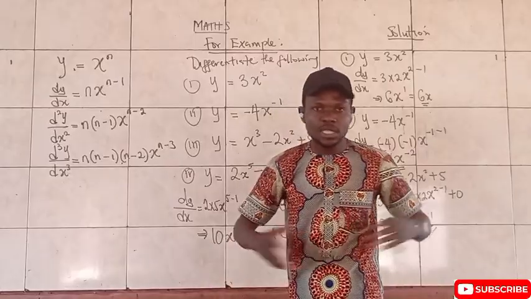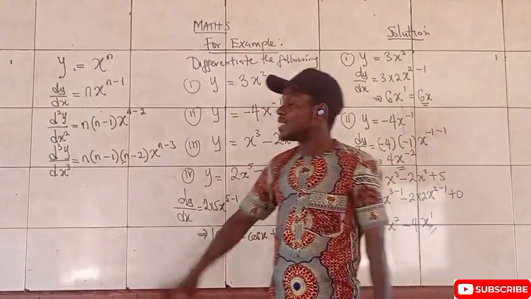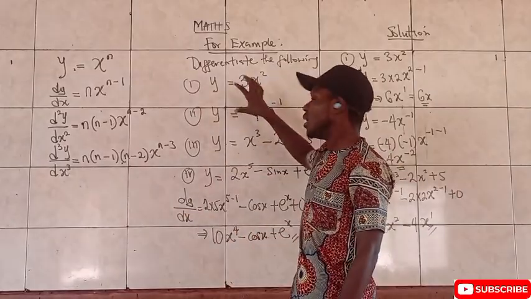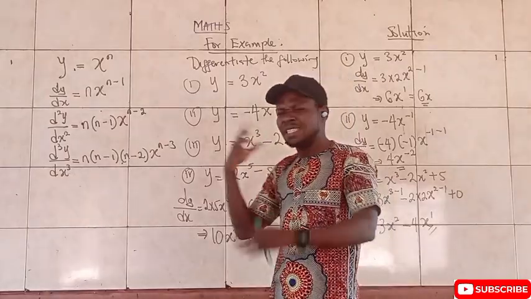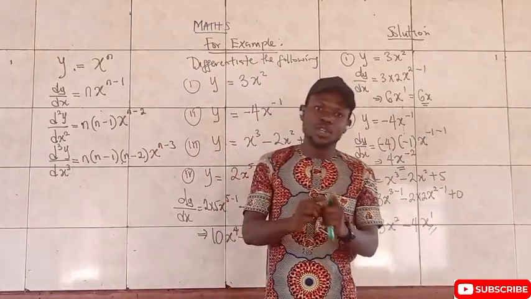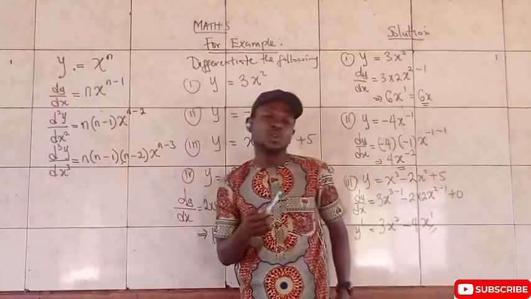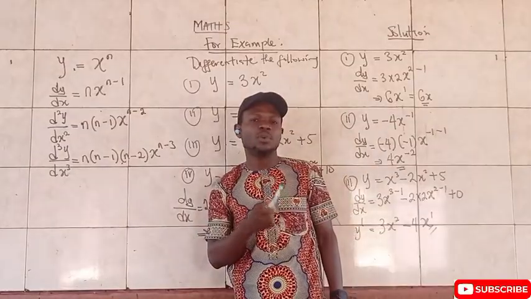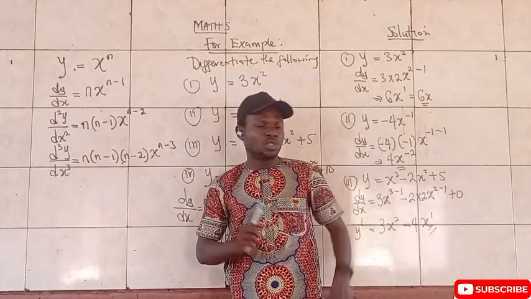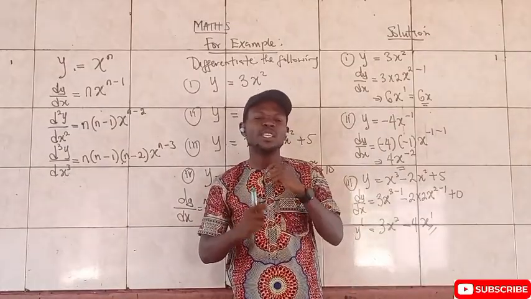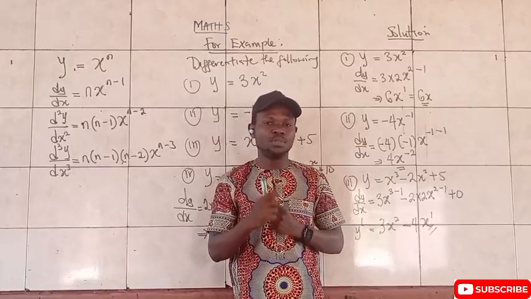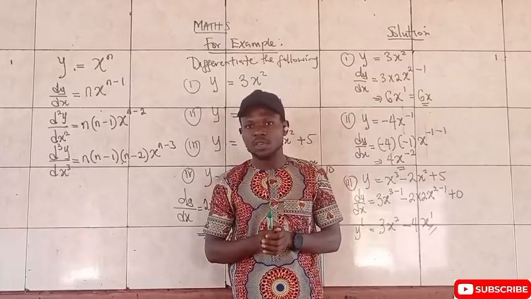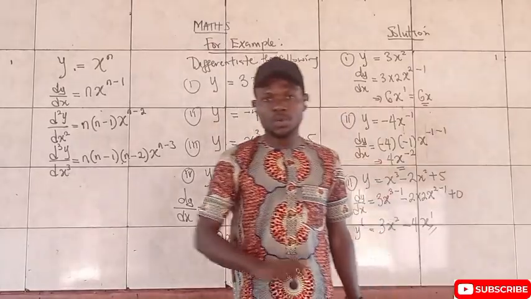But the next one I'm going to take us through now is what we call the function of a function. It's also simple. We only need to follow the normal process. So just stay with me.